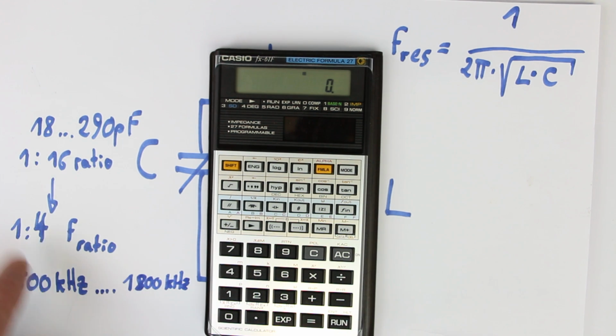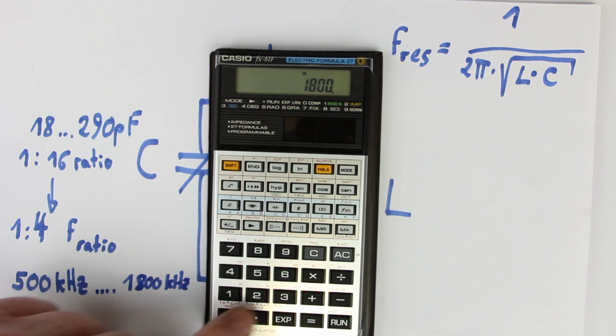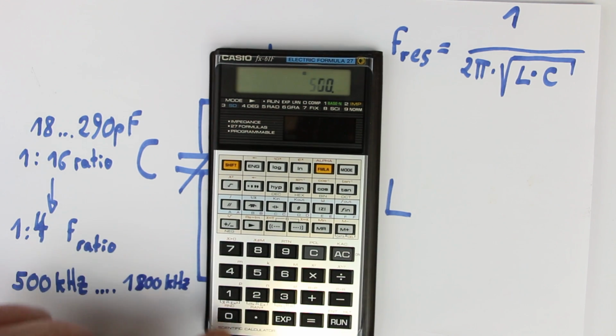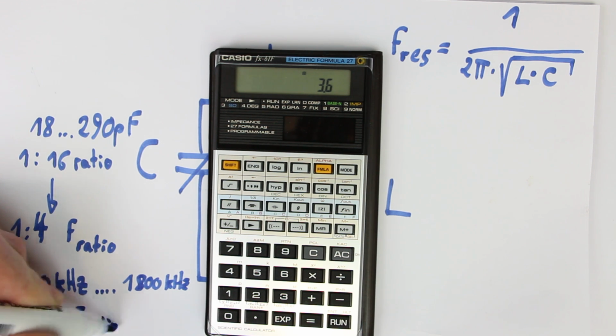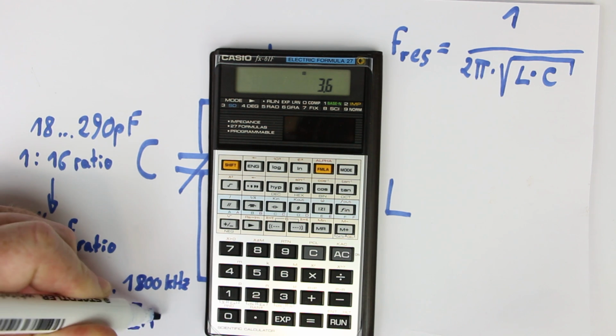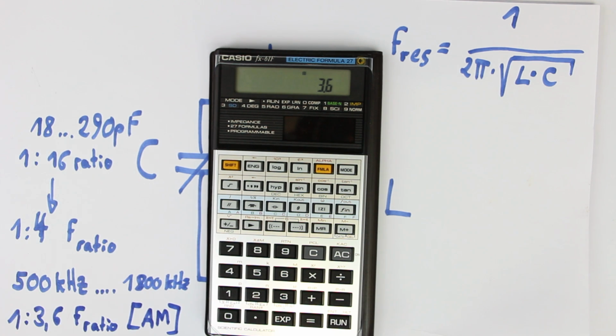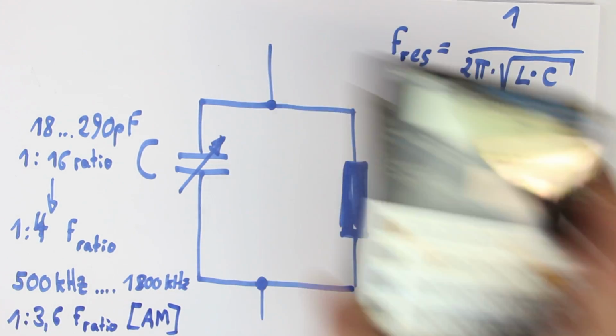And now let's see if this ratio is reachable with our demo capacitor, which has a capacitance ratio of 16:1 and a frequency ratio of 4:1. Now 1800 divided by 500 is a factor of, thank God, only 1 to 3.6 F ratio for the AM band, even if we are quite generous about the limits.